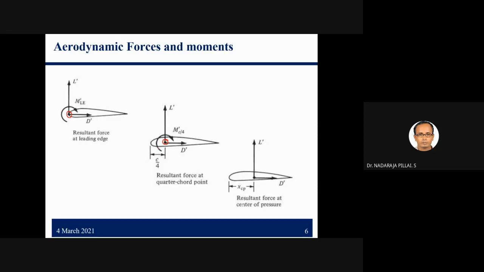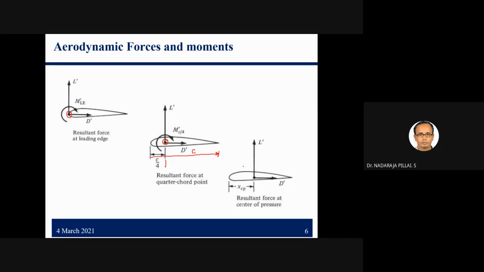What is the quarter chord point? Because this whole length is chord C, hence we consider this as a quarter chord point. Then the resultant force at the center of pressure, right? So the resultant force at the center of pressure becomes the same.